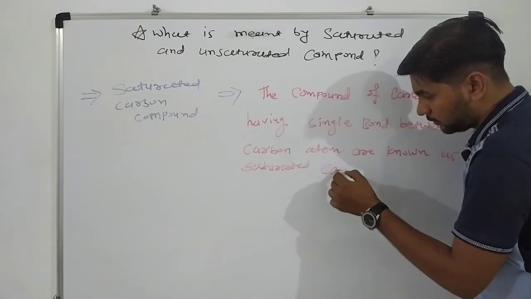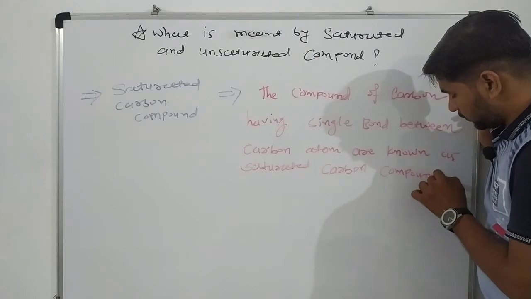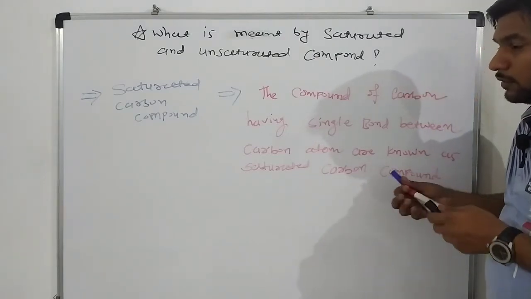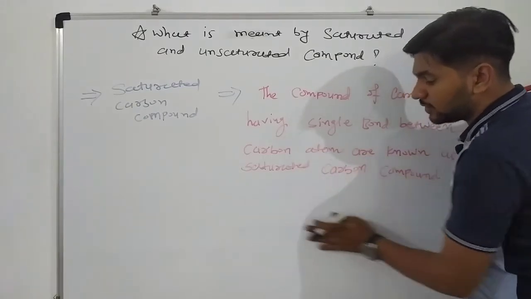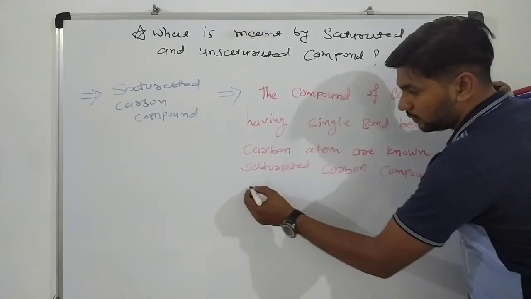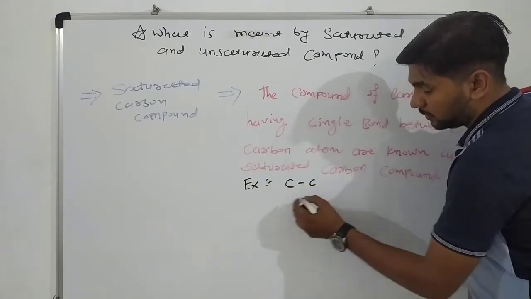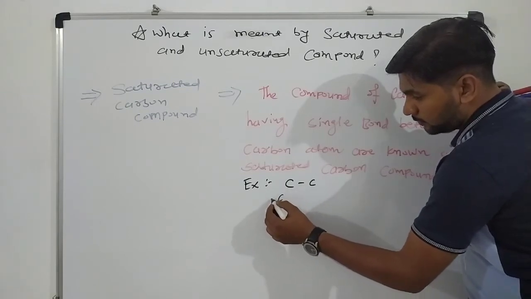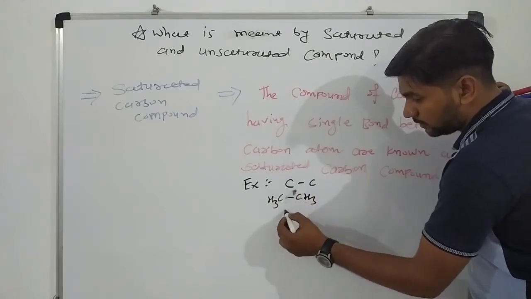Saturated carbon compound. For example, in the previous question we saw saturated and unsaturated carbon compounds. For example, ethane, CH3 bond CH3.